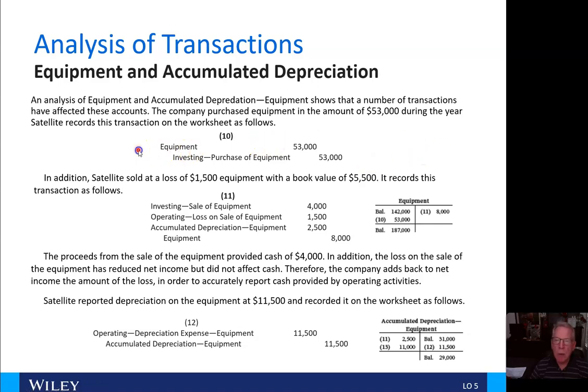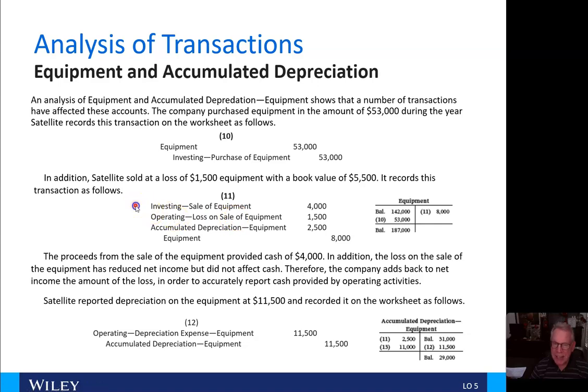Here we have equipment with a debit and a credit to the investing section, purchase of equipment for $53,000. In addition, Satellite sold at a loss of $1,500 equipment with a book value of $5,500. It records this transaction as follows.